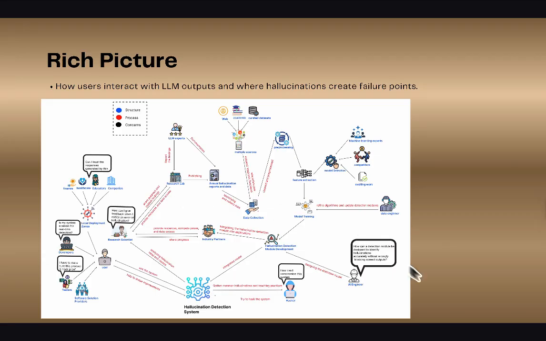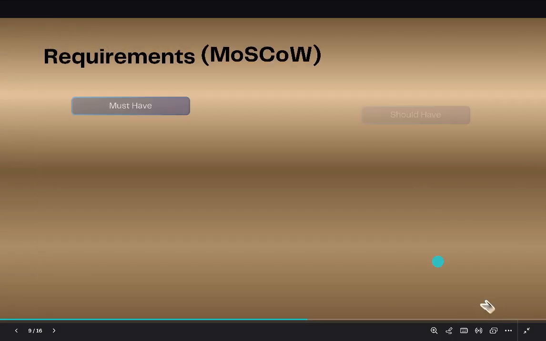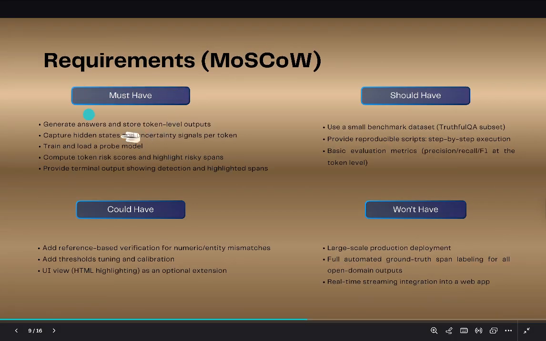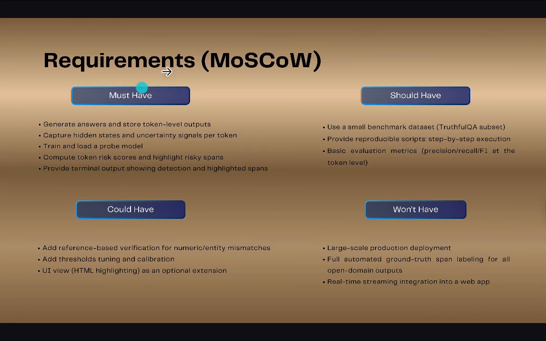So next I will go with the requirement part. Now we have the requirements: must have, should have, could have, and won't have. I used MoSCoW to prioritize the requirements. Must have means we must do these things in our system.